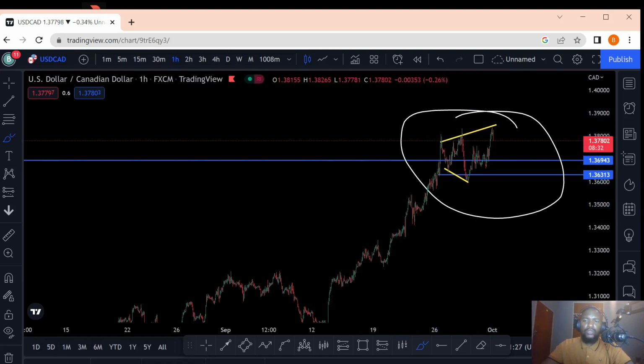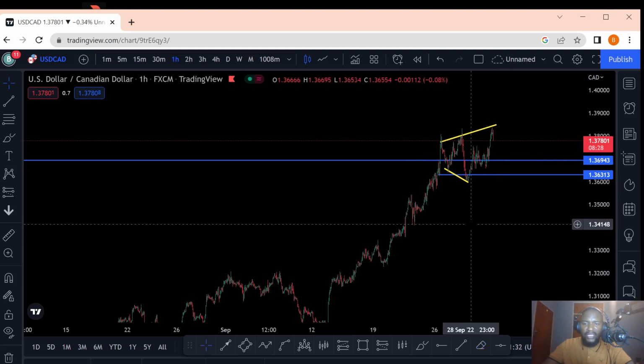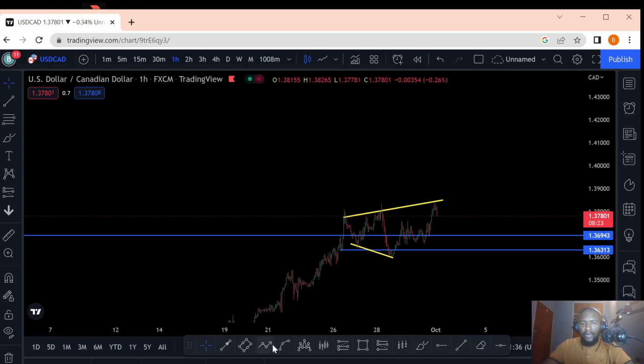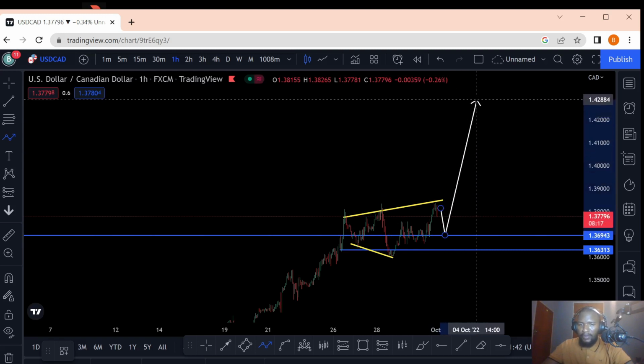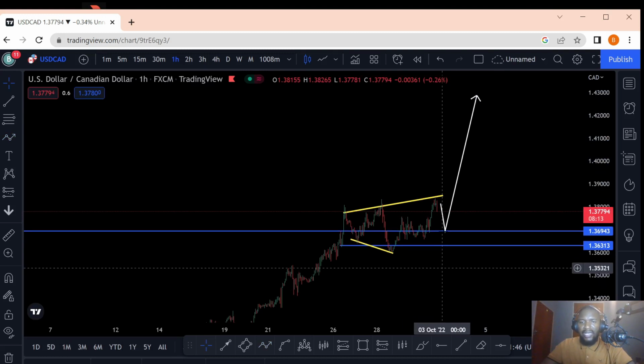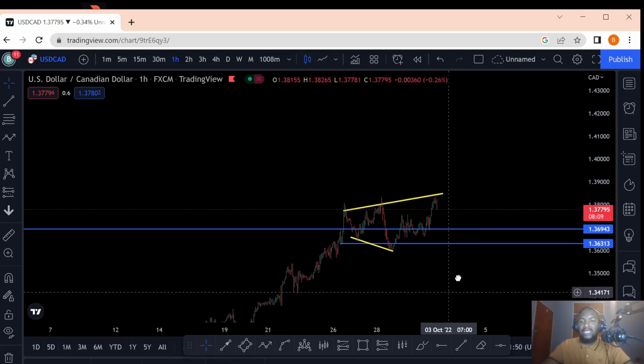So what we need to know is that if we have such type of movements, price is unlikely to push to the upside, because the market can't just retest and go to the upside, right? It's unlikely for it to react like that, because where we are, the structure needs to be there.